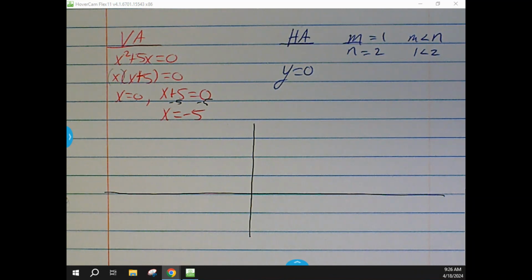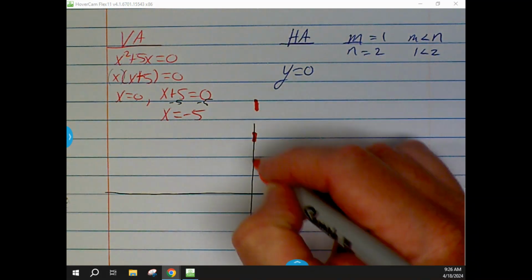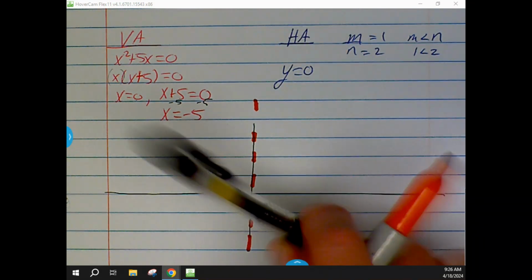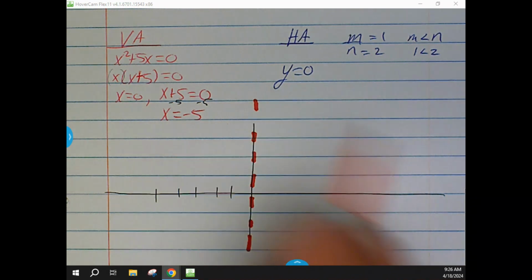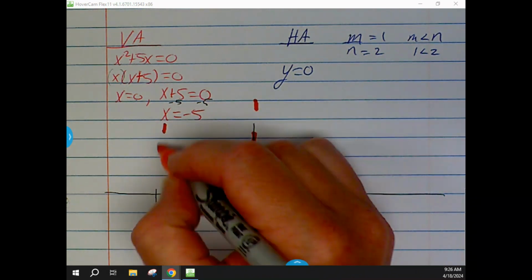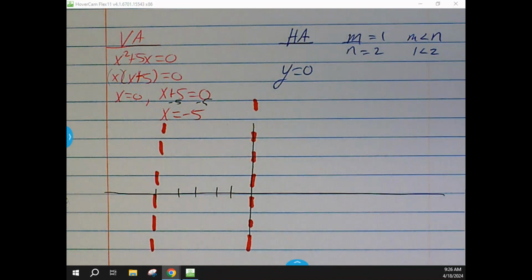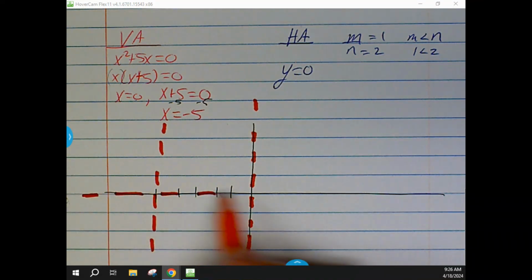So we've got a vertical asymptote at x equals 0. We also have another one at negative 5: 1, 2, 3, 4, 5. And then we had a horizontal asymptote right on top of the axis at y equals 0. So we've got one going this way.